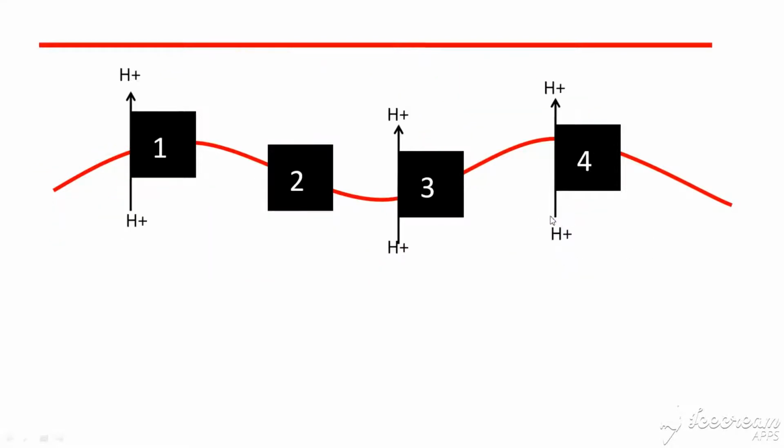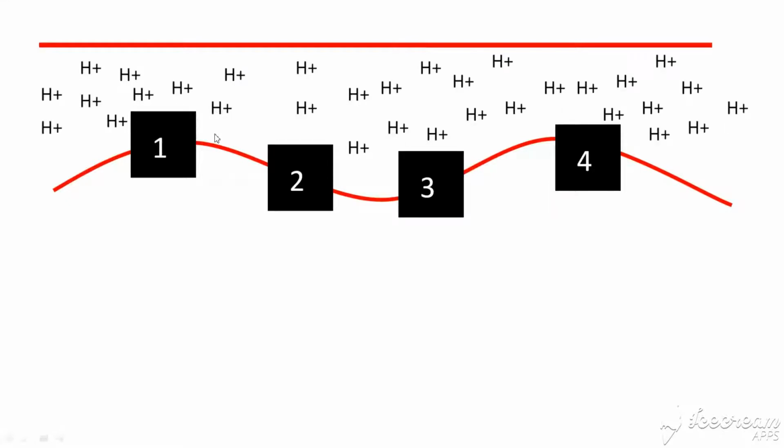So each time a complex gains an electron, it's going to enter a high energy state, and this is going to allow it to pump hydrogen ions from the mitochondrial matrix into the intermembrane space. So after a while of electron transport, we're going to have the accumulation of hydrogen ions in the intermembrane space.